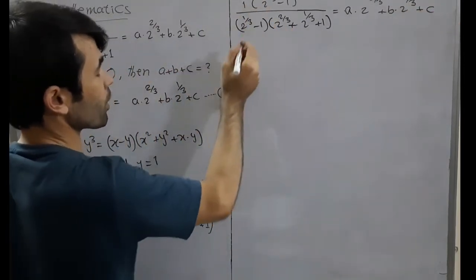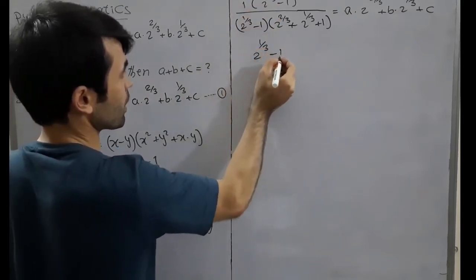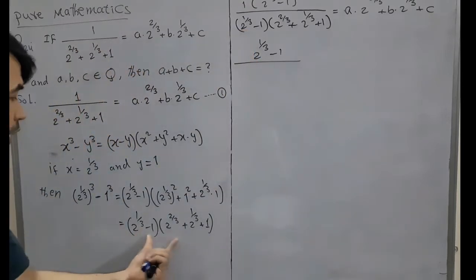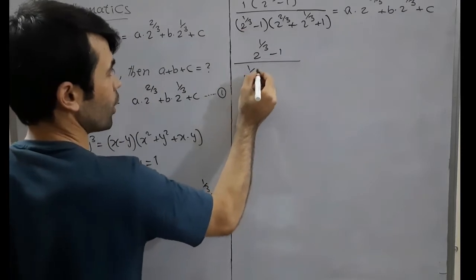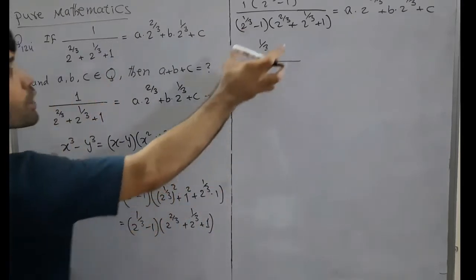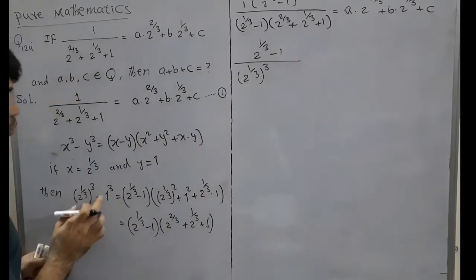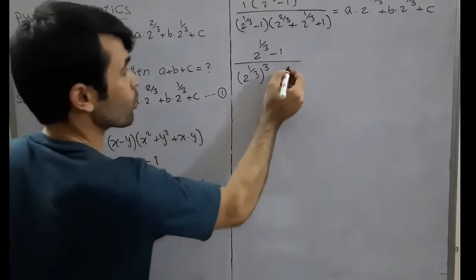If we multiply 1 by (2 to the power 1 over 3 minus 1) over, according to this formula, instead of the denominator we can write (2 to the power 1 over 3) whole cube minus 1 to the power 3.